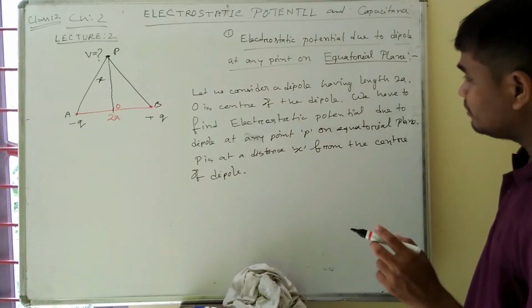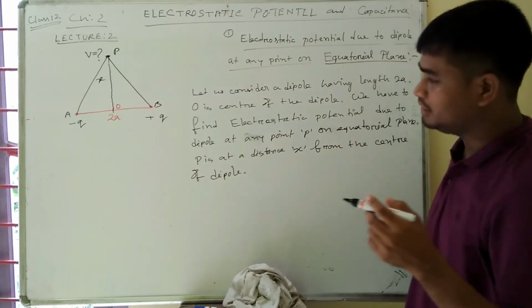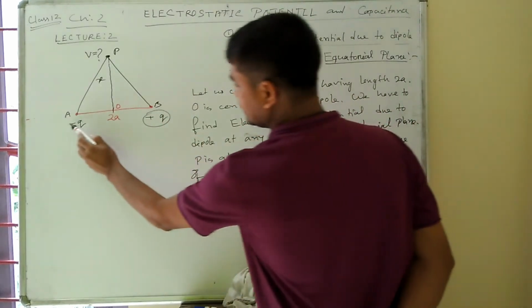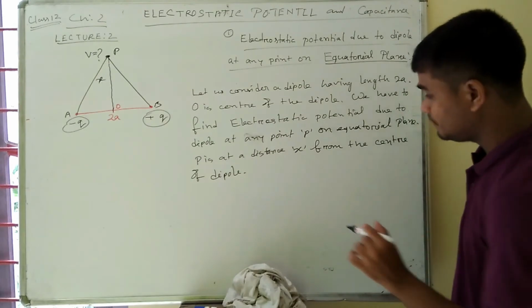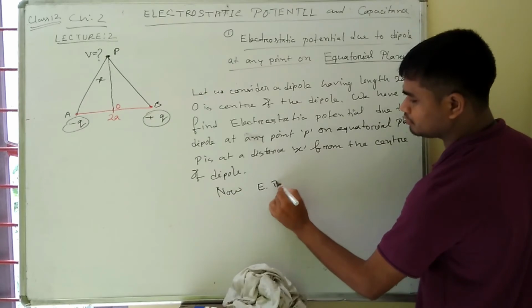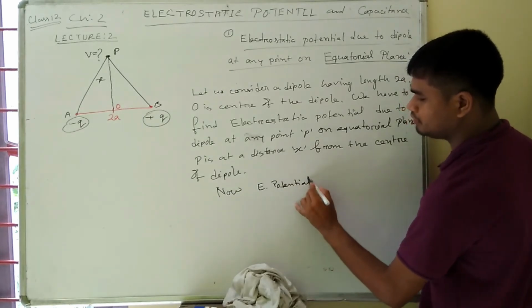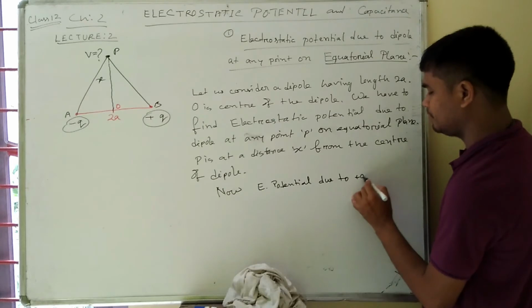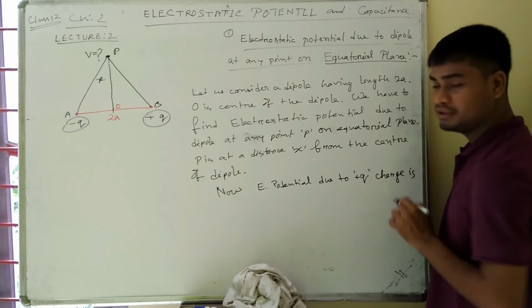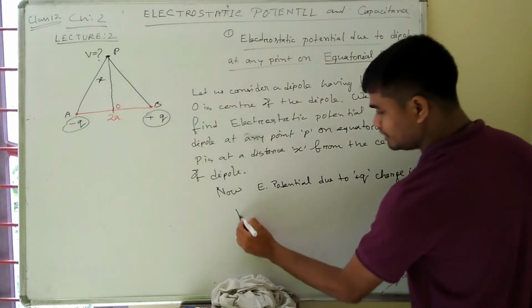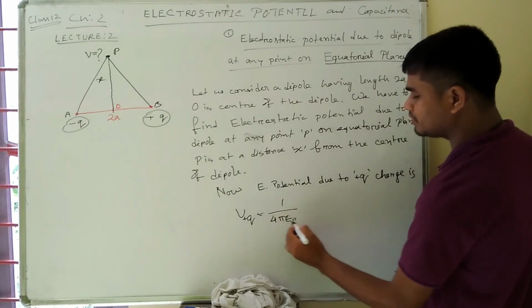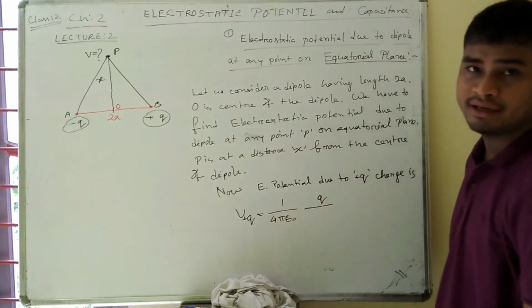Similarly, as in the previous topic, we can find the total electrostatic potential due to the dipole by first considering the plus q charge and next the minus q charge. Now, the electric potential due to plus q, the source charge, is V plus q equal to 1 by 4 pi epsilon naught q by distance.